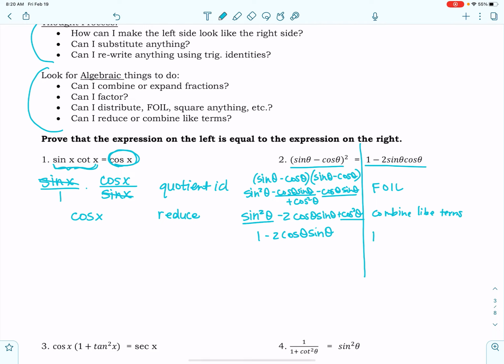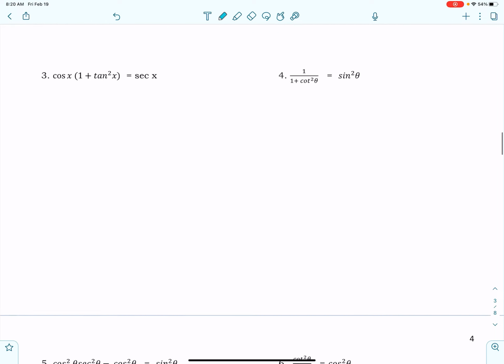That was, of course, one of the Pythagorean identities. So now I've got 1 minus 2 cosine theta sine theta. That's pretty much the same thing; you can leave it that way if you want to, because it doesn't really matter how I write it. So there you go.